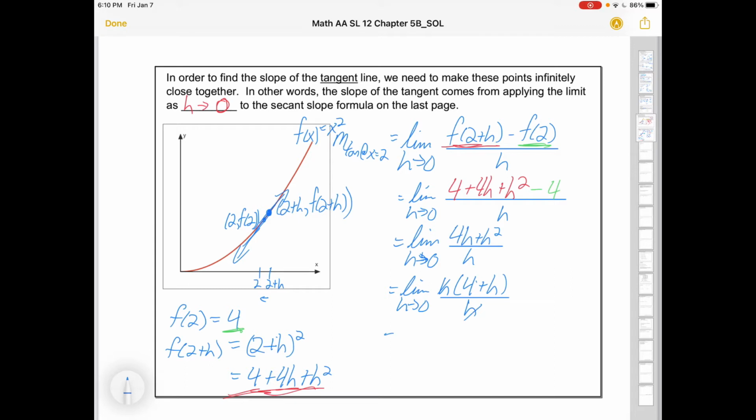Oh my gosh, and now it's looking good. I have the limit as h goes to 0 of 4 plus h. And as h goes to 0, 4 plus h is just going to be 4 plus 0, or 4. There is that tangent slope at x equals 2, or that tangent gradient.